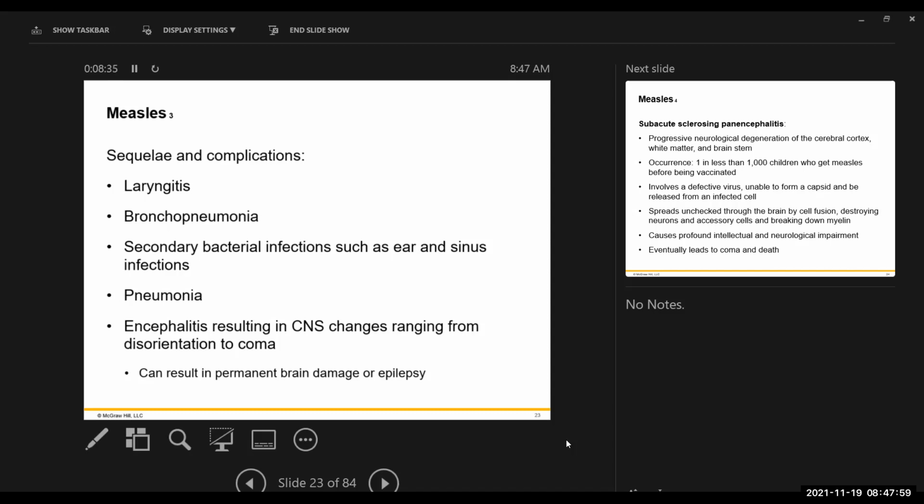This, of course, can lead to dehydration. Because measles infections tend to knock down the immune system, the pneumonia puts you at high risk for a secondary bacterial pneumonia. Because the immune suppression lasts for about 6 weeks, the kids are at increased risk for otitis media.